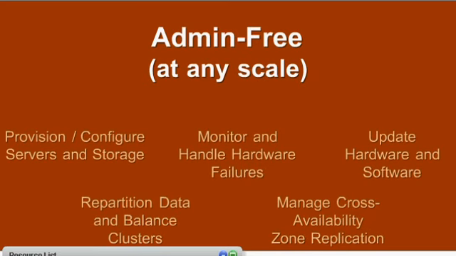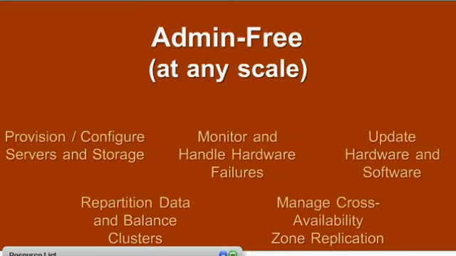So when you're using DynamoDB, you're actually getting asynchronous replication across multiple data centers, across multiple availability zones. And we won't acknowledge that a write to DynamoDB has taken place until that data is stored across multiple data centers. Then you have to go through the updates of hardware and software. You have to manage cross-availability zone replication, which DynamoDB does for you.